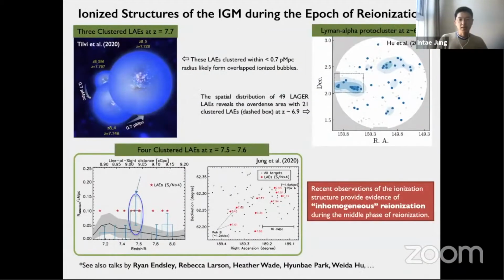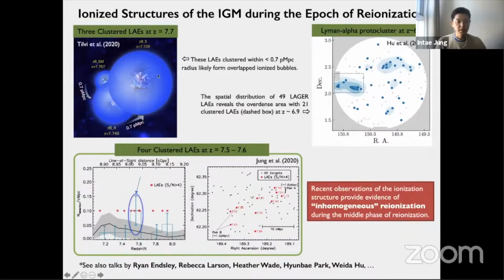In the same context, various observational studies of Lyman-alpha emission have provided an increasing body of evidence for inhomogeneous reionization caused by individual or groups of bright galaxies in the middle phase of reionization.